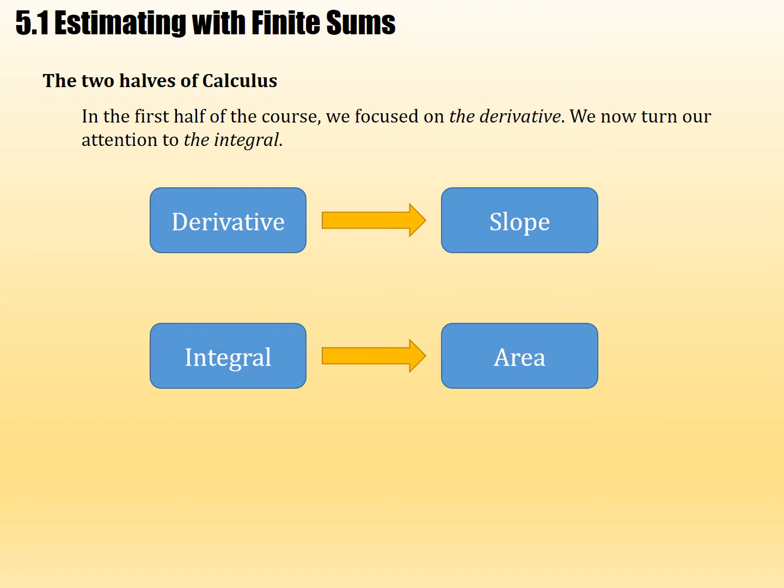Slope is y units compared to x units, y units divided by x units. The integral is going to be calculated area, and it also involves y units and x units, but instead of being a ratio, it is a product.